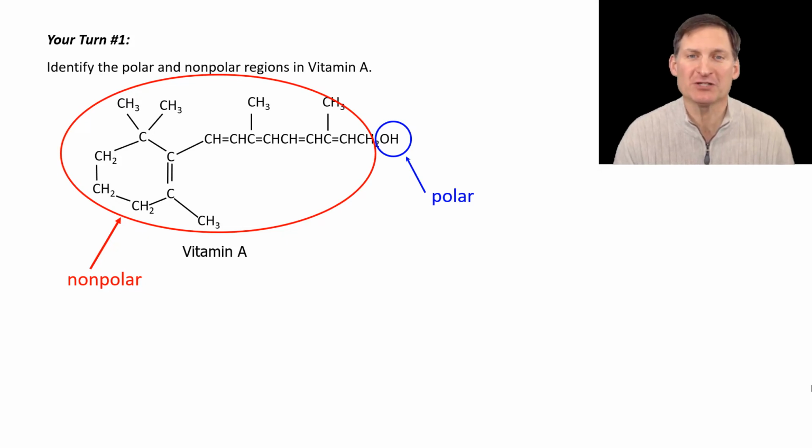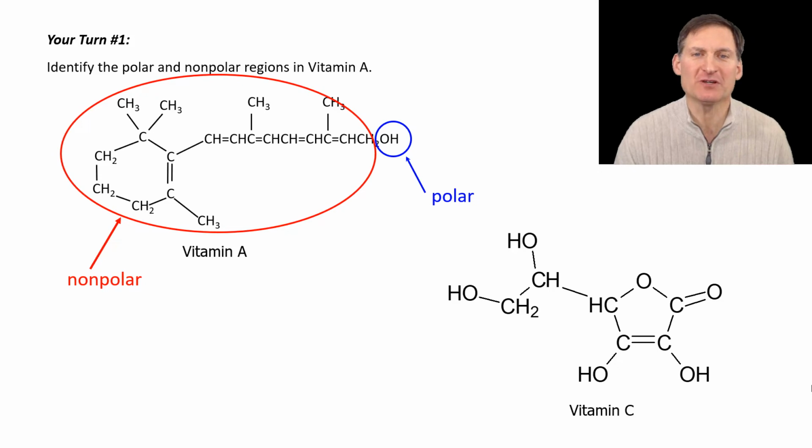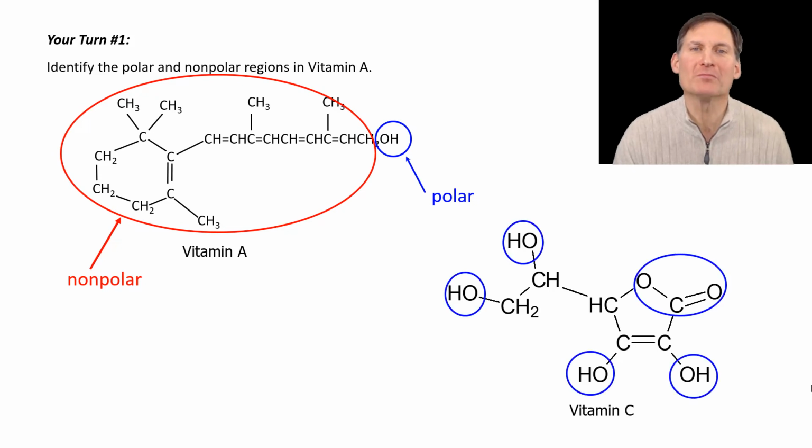This has far-reaching implications. For example, vitamin A is classified as a fat-soluble vitamin and not a water-soluble one. Water-soluble vitamins, like vitamin C, now shown on the screen, are much more polar with multiple polar regions, which, as we'll learn in a later chapter, are molecules that mix well with water, which is also polar.